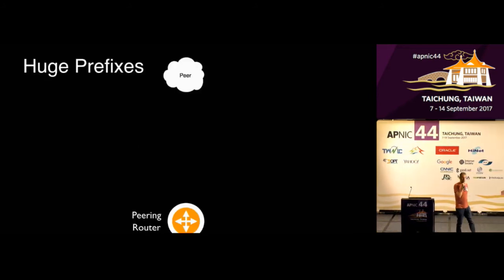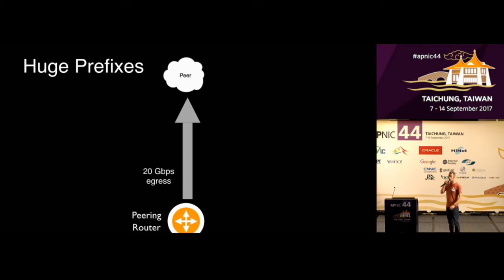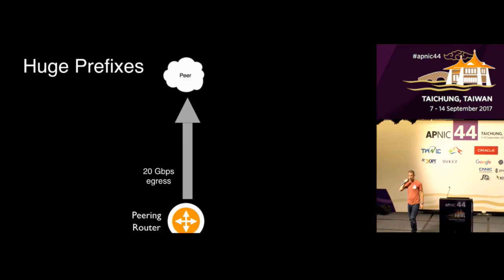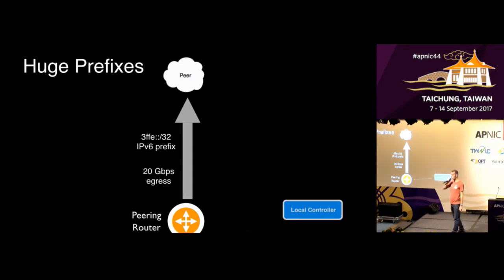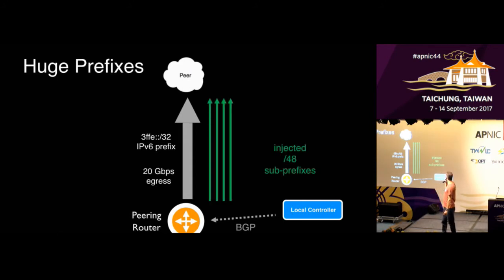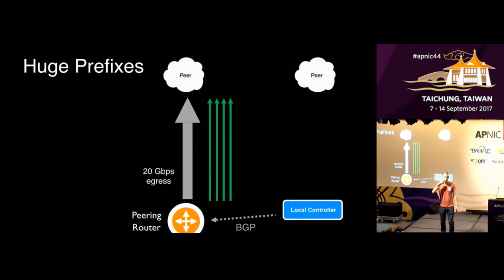So here's some of the problems we encountered when we started doing that. Now we could divert traffic to another link by injecting that prefix. Great. But you have prefixes that have a lot of traffic. If you look at CGNAT, you might have a /24 that has ridiculous amounts of end-user traffic behind it. Or if you look at IPv6, the whole beauty of v6 is that it summarizes very nicely. But that also means you have a /48 or a /32 in a table that has a lot of traffic behind it. So if we have a link here that is overloaded and we move that entire prefix, then we didn't really achieve anything, because then we just have another link overloaded.